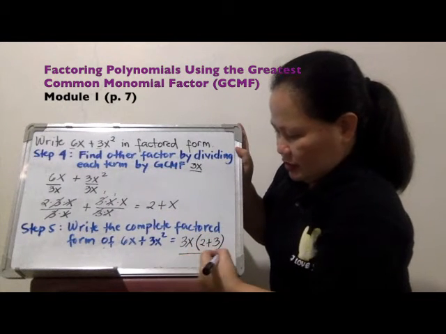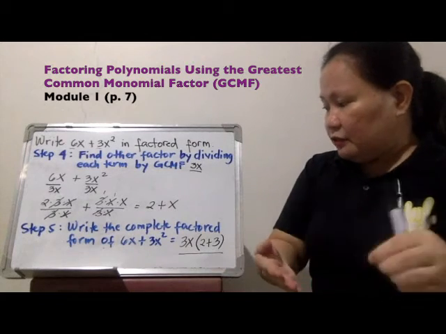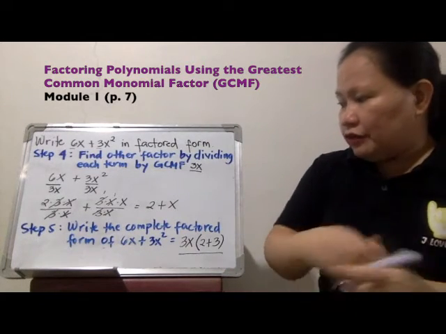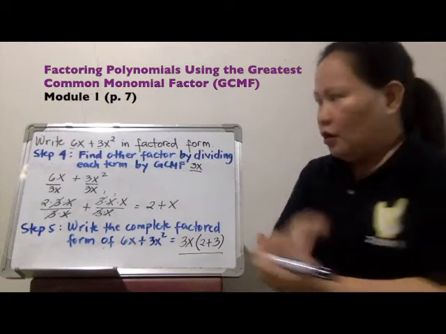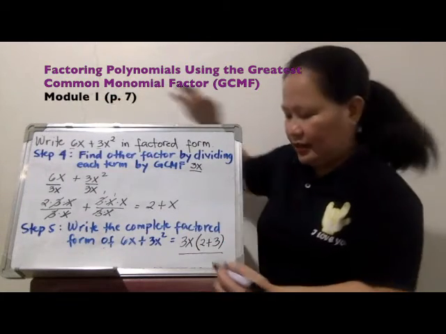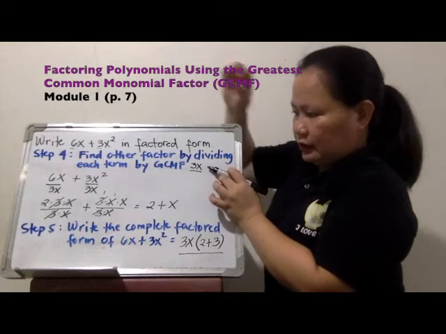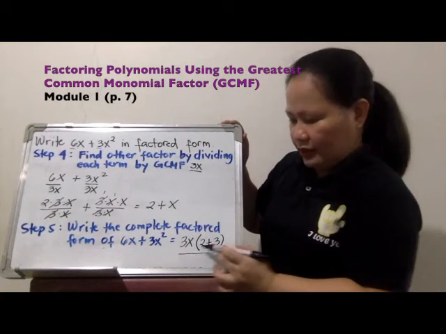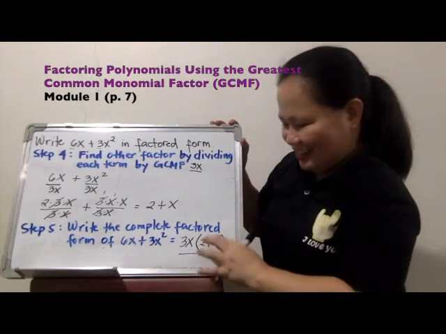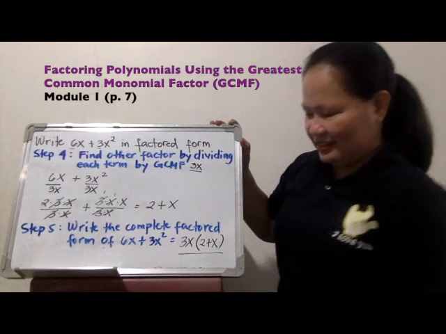So this is now the written factored form of 6x plus 3x squared: 3x and then 2 plus x.